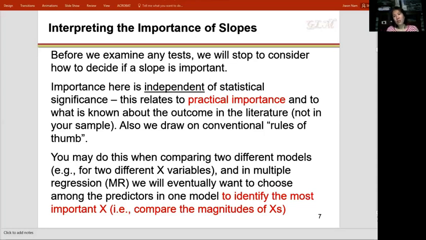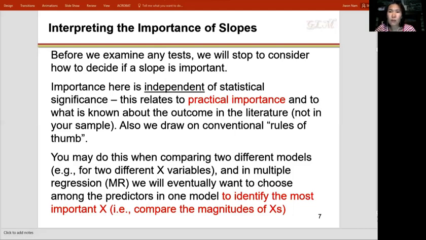Let's say we have two x variables in one model, and you want to say which one is more important than the other for the y outcome. How can we do that? First of all, two x variables wouldn't have the same unit or scale.